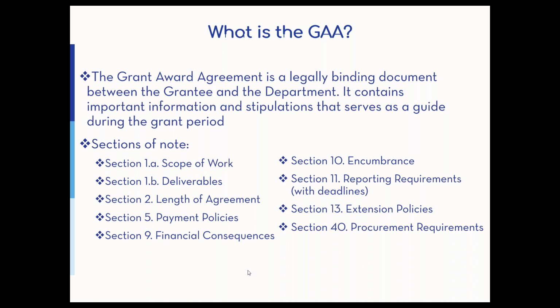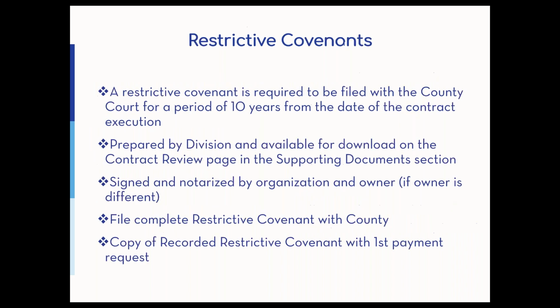Obviously, the scope of work, the deliverables, the length of the agreement, the payment structure is in it, financial consequences for not fulfilling the deliverables are in there. Basically, it says if you don't do it, you don't get the money, but they are in there. There's information about encumbrance. The reporting requirements are in there with the deadlines, extension policies, and procurement requirements.